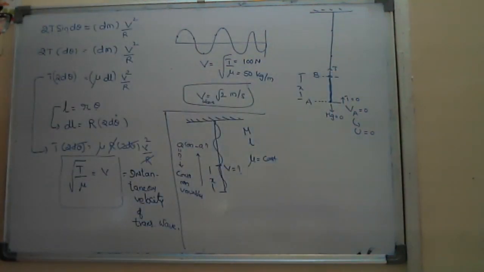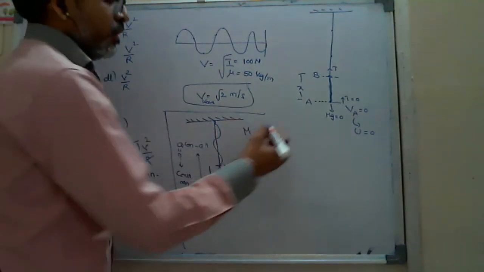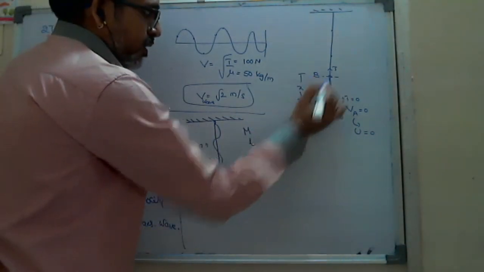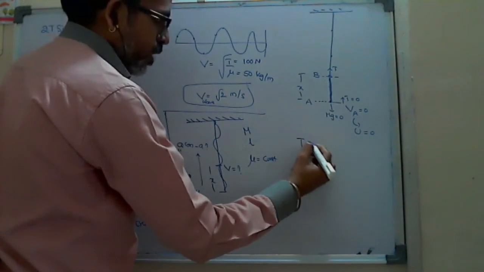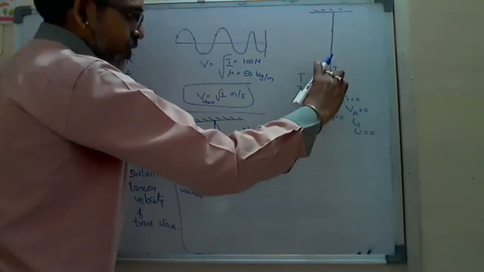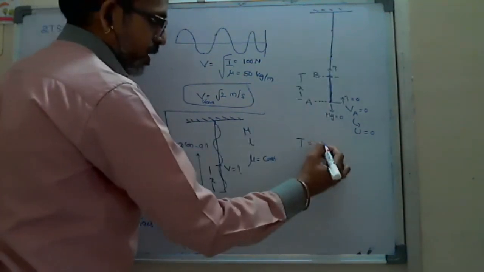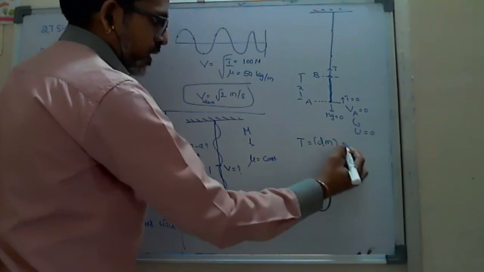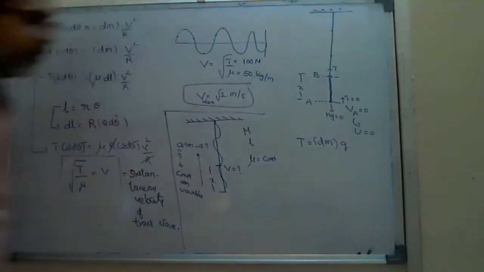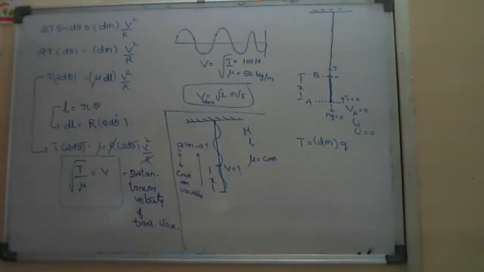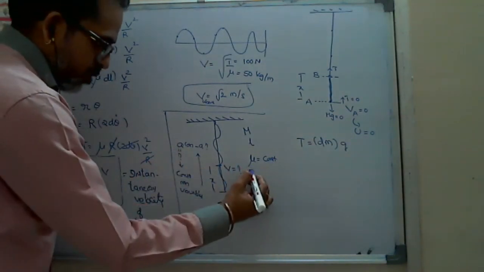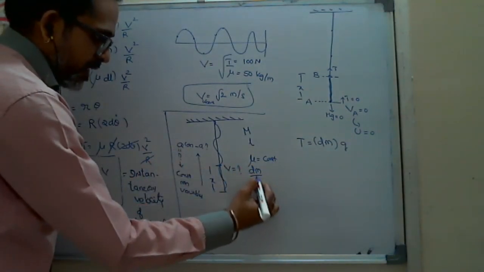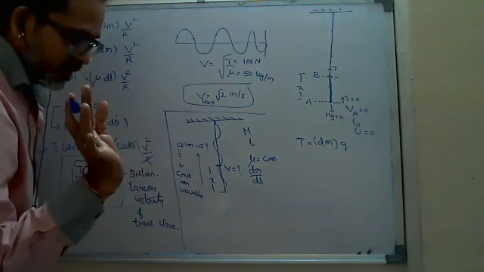At a point here, the tension is equal to the mass of this part, dm into g. Mu is constant. Mu is actually dm by dl, or total mass by total length.